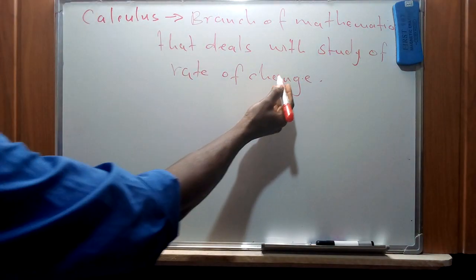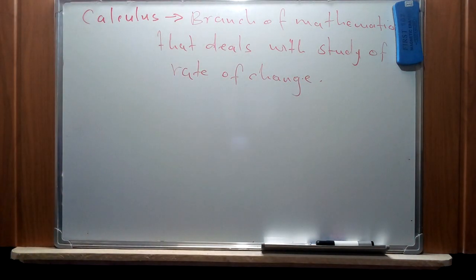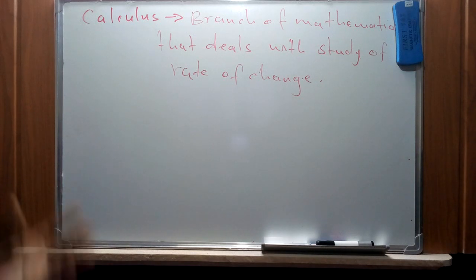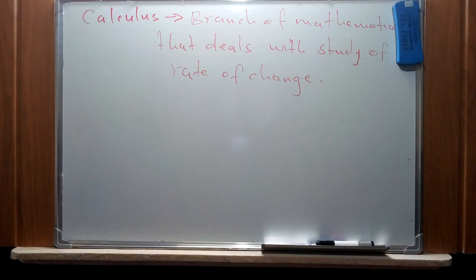This is the main concept because, as we are going to look at other areas, we have different variations of the definition of this term that we call calculus in different texts. But in this case, it can generally be regarded simply as the study of the rate of change.